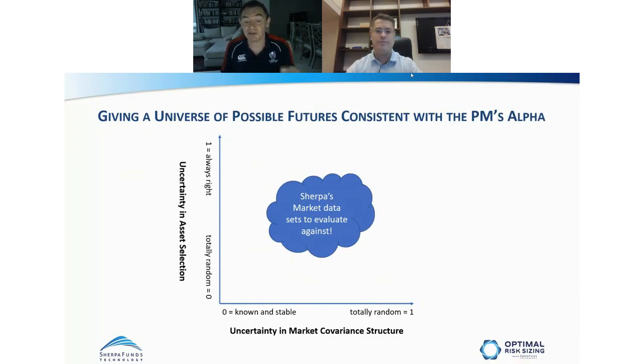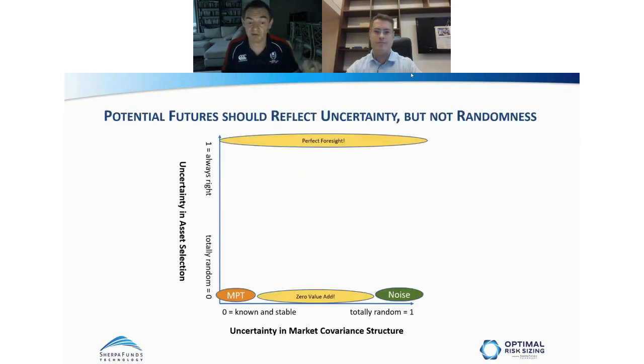On the x-axis, similarly, you can have a market which is exactly what it used to be. Just take the historical market data, and that would be on the very left-hand side, and that's the old mean variance minimization approach. Or you can say there's a market which has total randomness, and we don't know what on earth is going to go on, and you take some first or second moments of the market data and use that at the very most.